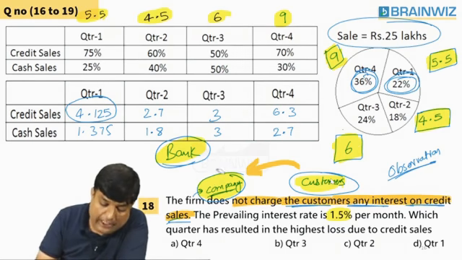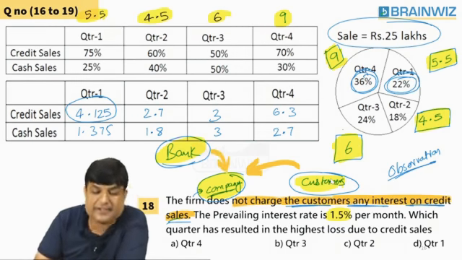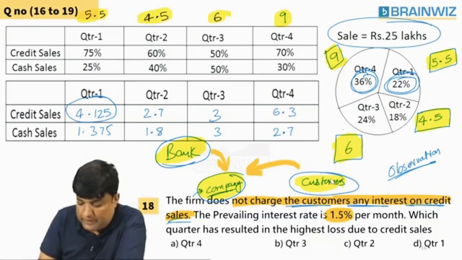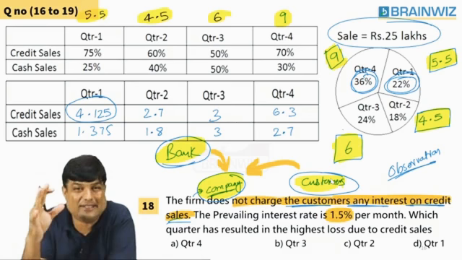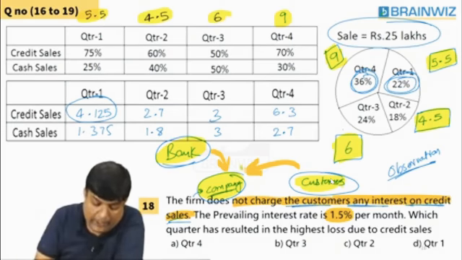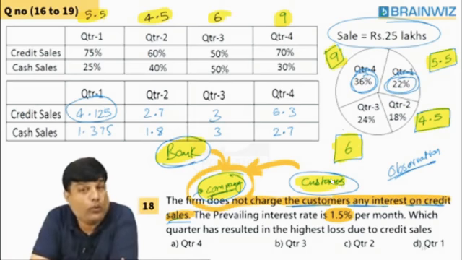But the bank will not keep quiet. The bank will definitely charge the interest. How much is the interest? 1.5% every month. Who is going to bear the loss? Definitely the company is going to bear the loss. Why?